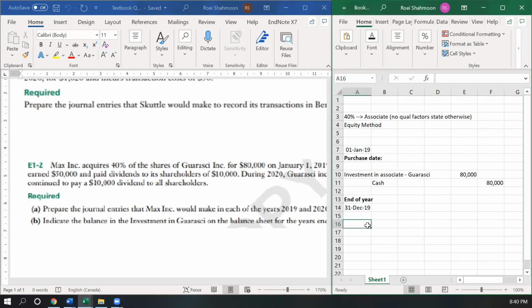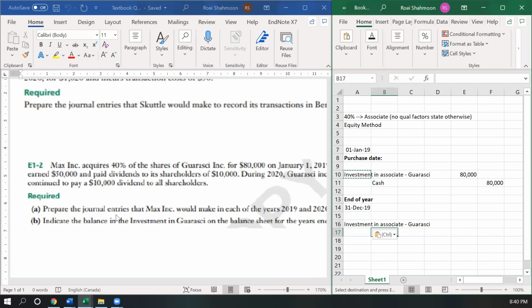Okay, so we have here the net income that they earned. So we're going to take a profit from that. We're going to take a cut. Now, the way to do this is we're going to take this investment account and make it go up, right? Because that's in logic with what we did all this time.